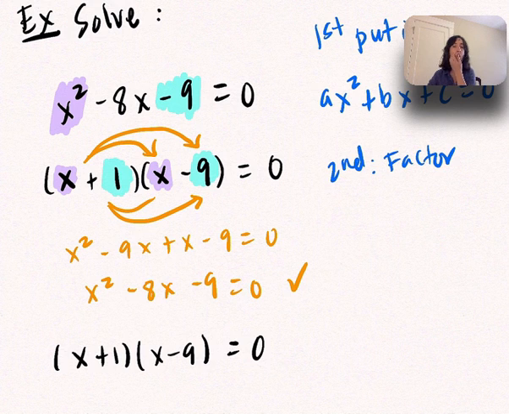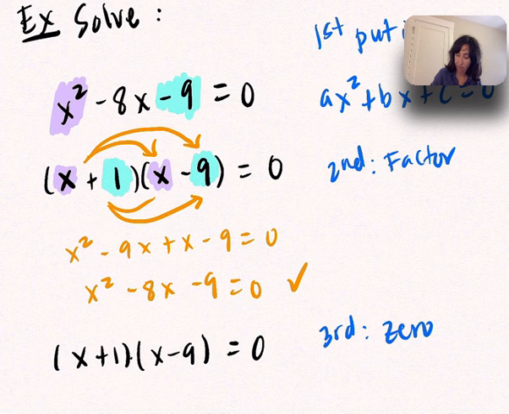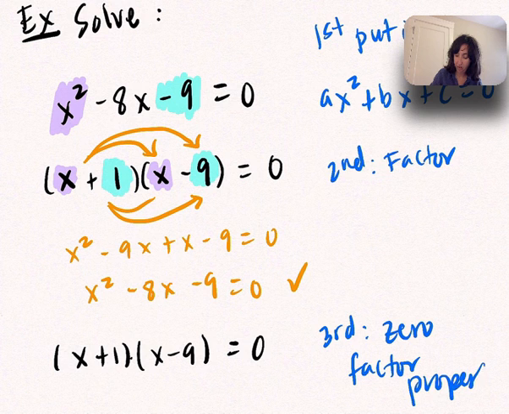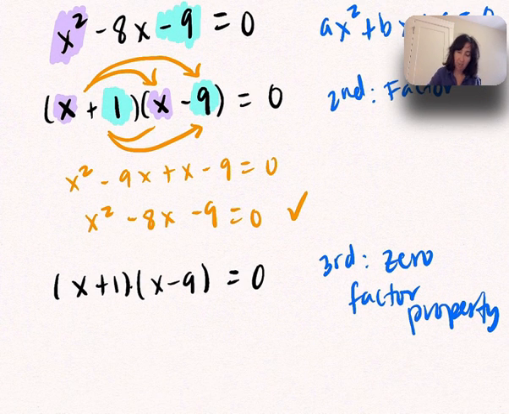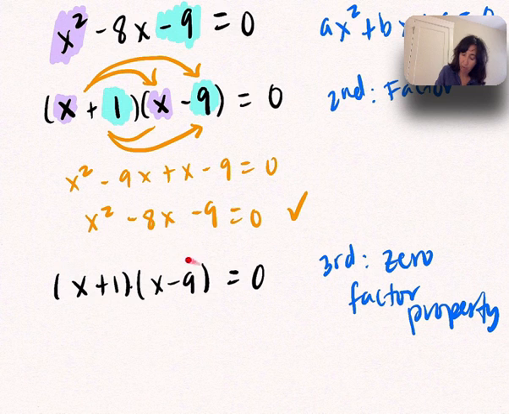We use this thing called the zero factor property, which basically says that anytime you have two things multiplied by each other and they multiply together to give you 0, you have to have at least one of them be 0.